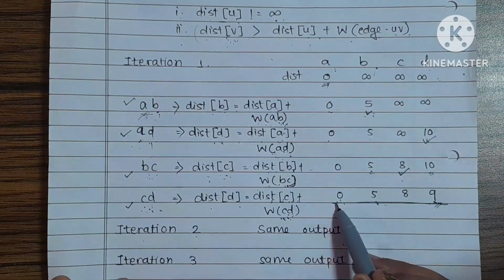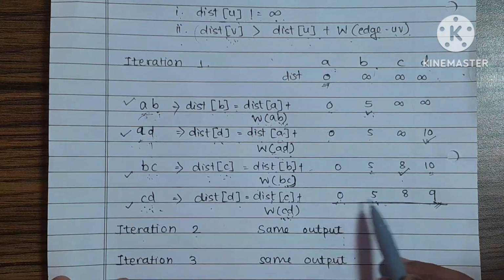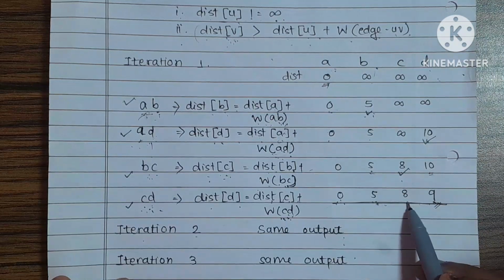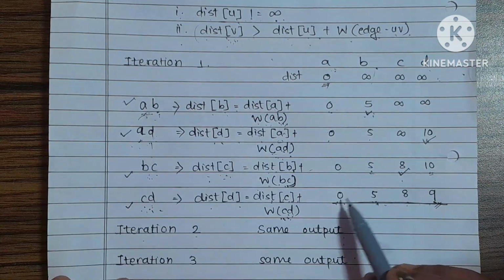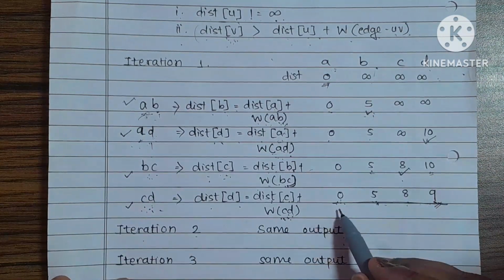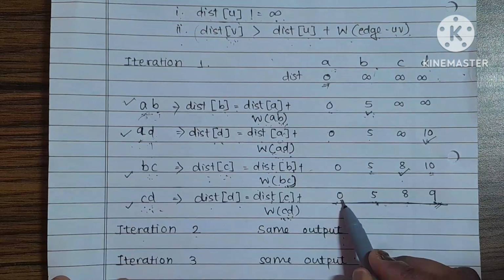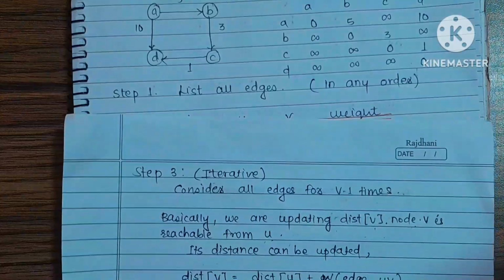A is treated as the source node. B is located at 5 distance from A, which is the shortest. C is located at 8 distance from A, which is also the shortest distance, and D is located at 9 distance from A, which is also the shortest distance, considering this graph.